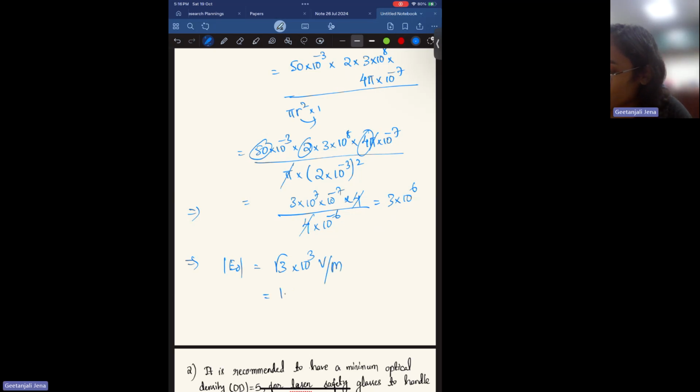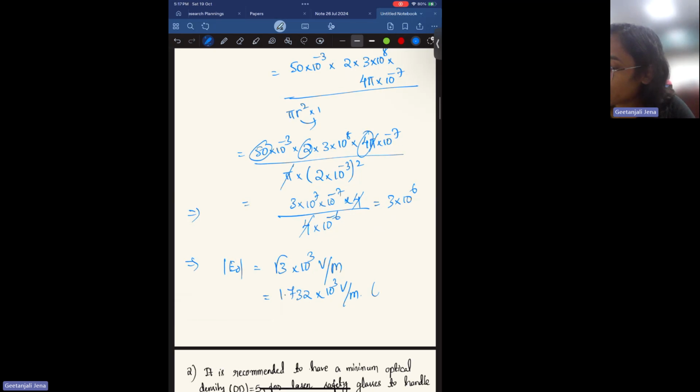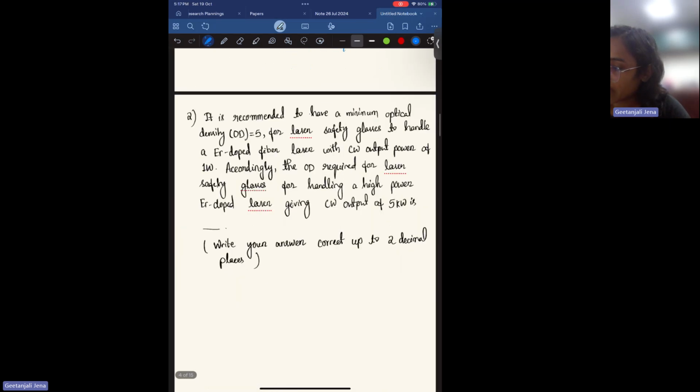So this is 1.732 into 10 to the 3 volt per meter. So this will be the answer for this question. Let us move to our next problem.